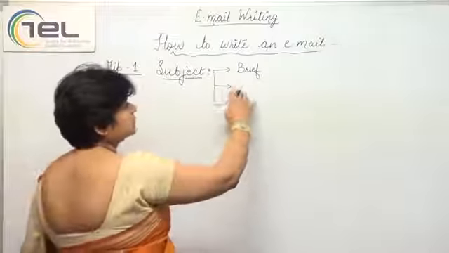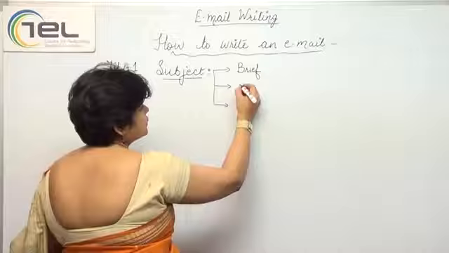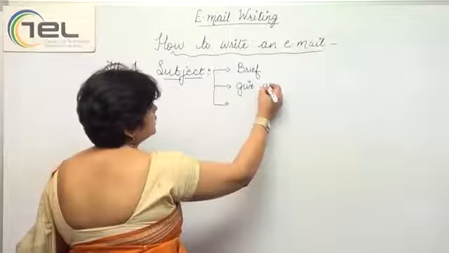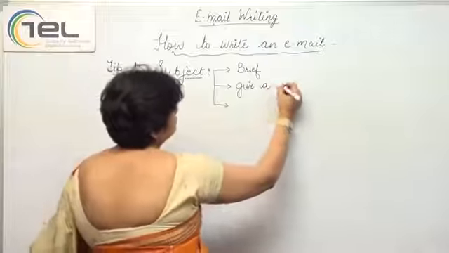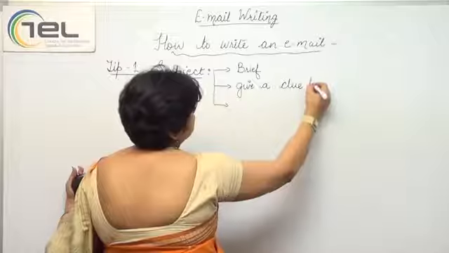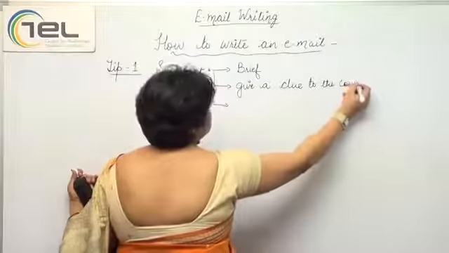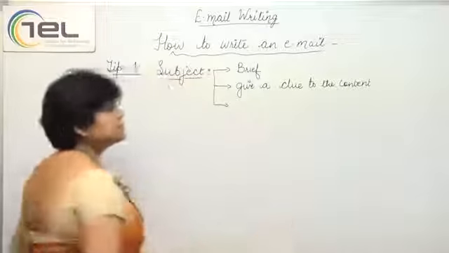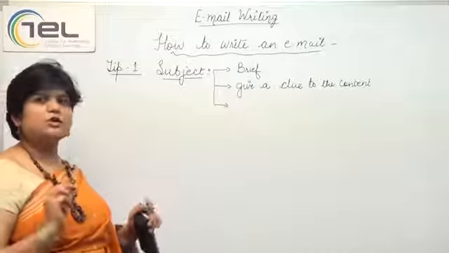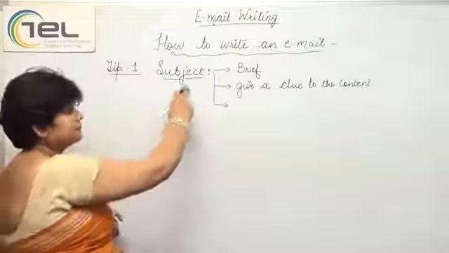Then comes the second point that should be kept in mind. It should give a clear clue about the content you are writing, so the content should be made clear through this subject. A clue to your content should be given in your subject.